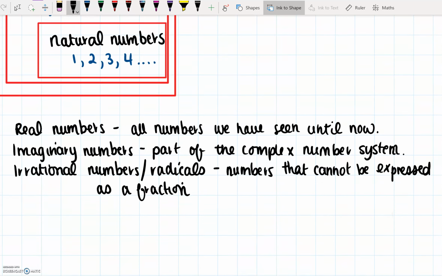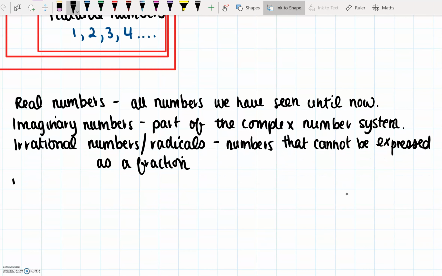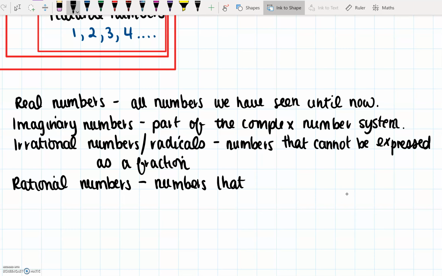Then we have our rational numbers, which are numbers that can be expressed as a fraction.